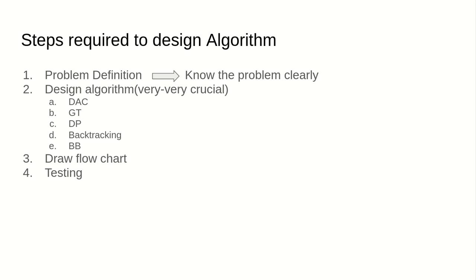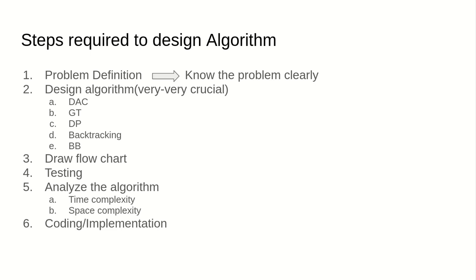Thereafter we need to analyze the algorithm. For analysis we will use time complexity and space complexity. Now we will develop that algorithm, using any programming language to develop the program.